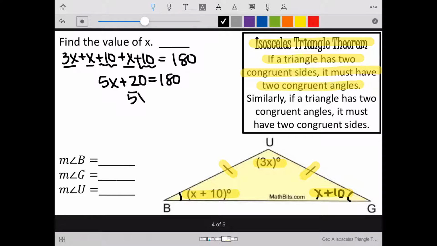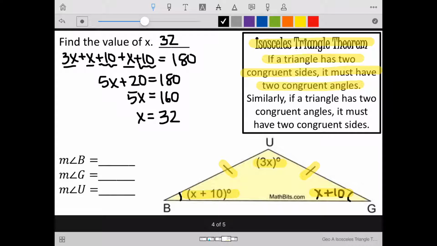Now if I subtract 20 from both sides, I get 5x equals 160. And then if I take 160 and divide by 5, I get 32. So x equals 32. But now I'm being asked to find the measure of each angle.